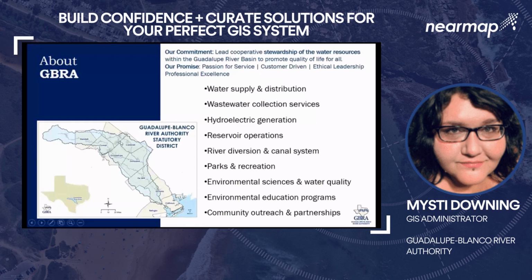The map on the left of the screen shows our 10-county jurisdiction. We cover a large chunk of Central Texas, and then the actual river basin boundary, the watershed boundary of the Guadalupe River. Even though our jurisdiction doesn't fully cover the basin, we have a lot of activities, responsibilities, and influence even in those other parts of the watershed.